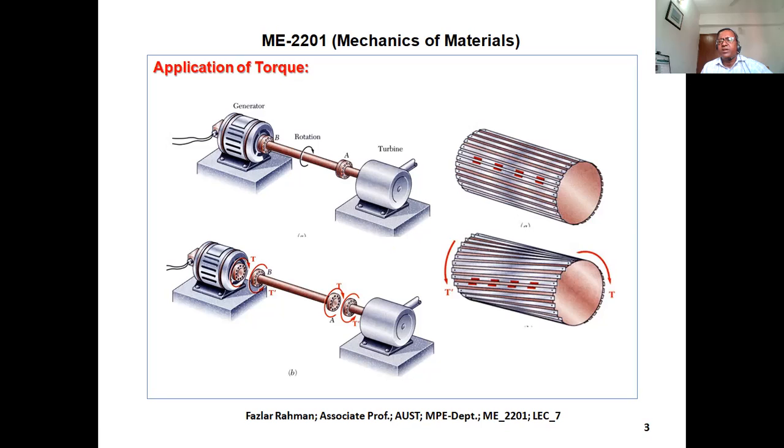Another example, you have a pump on your ground floor run by an electric motor. The pump is connected with the motor by a shaft. If the shaft is very brittle material, or you design it very weak, what will happen? It will break down.